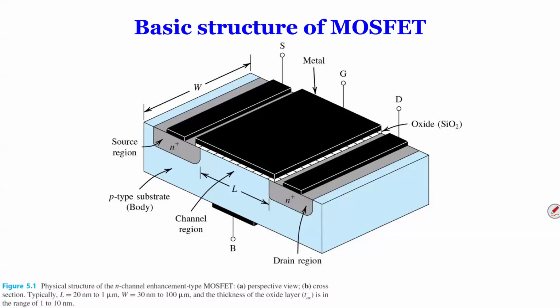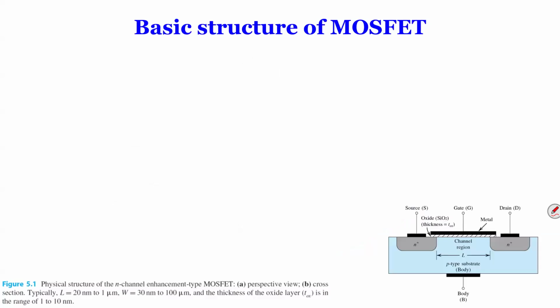MOSFET. So for this MOSFET structure to work, basically, if you look at the structure on this cross section, you can see that there's an N-type material and a P-type material.